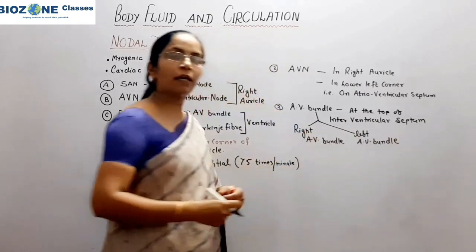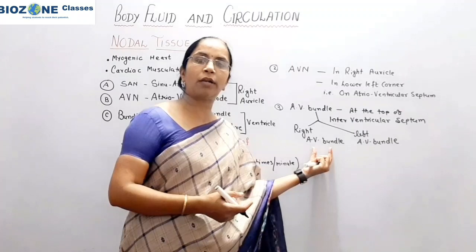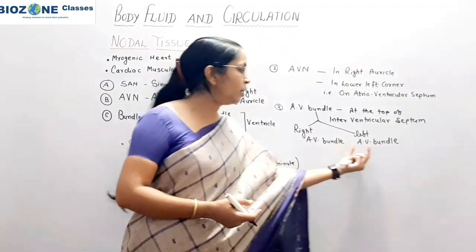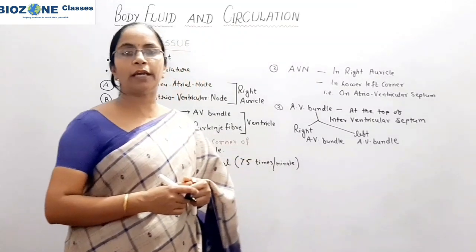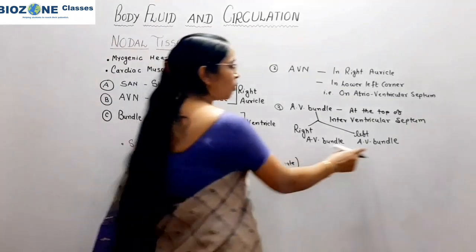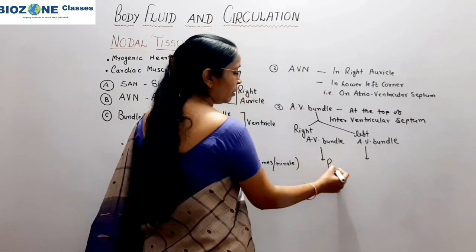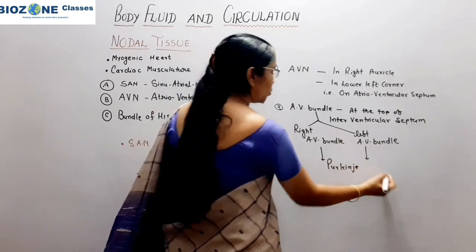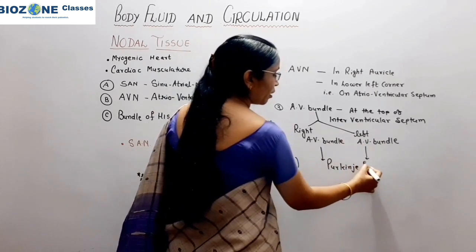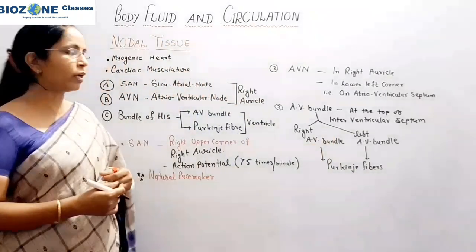The right AV bundle provides the impulse for the action potential in the right ventricle, and the left AV bundle is responsible for the action potential in the left ventricle. From both the AV bundles, again the Purkinje fibers are developed, and these Purkinje fibers are distributed throughout the musculature of the ventricle. So Purkinje fibers, you remember, are generated from the left and right AV bundle.